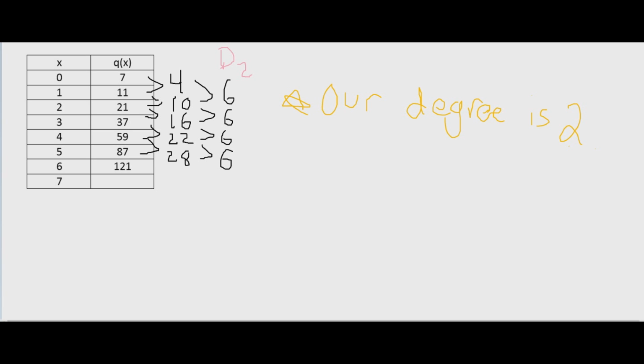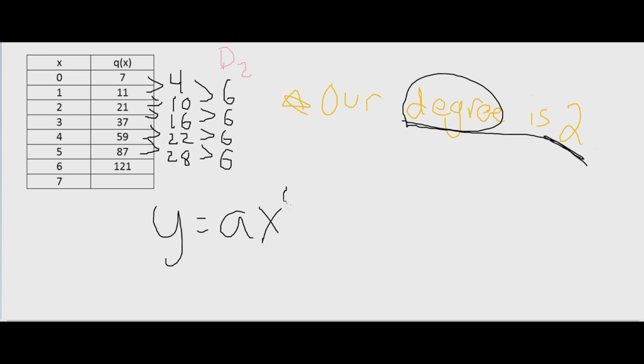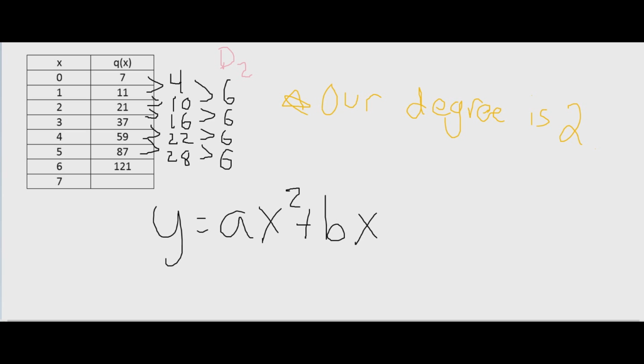So if I go to write an equation for this, I'm going to get y is equal to ax, well, what is the highest exponent here? Remember, this means the highest exponent, and if our exponent has to be 2, what should it be right here? Well, exactly, it has to be 2. So we get y equals ax squared plus bx. Now we just go down the exponent. What's 2 minus 1? Well, that's just 1.